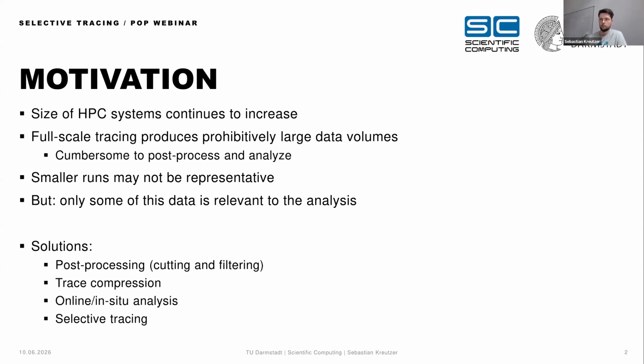However, in theory, you don't have to measure everything in a full run for a trace, because usually you're interested in specific hotspots that are problematic in terms of performance. And so the analyst is normally only interested in some parts of this huge trace data.